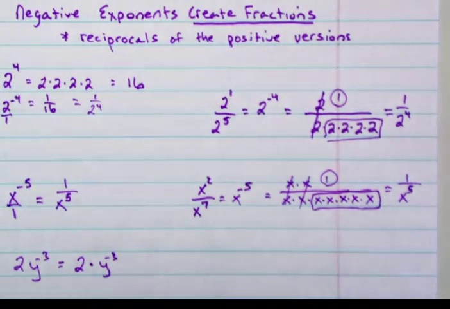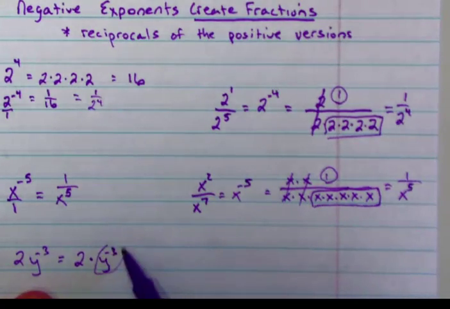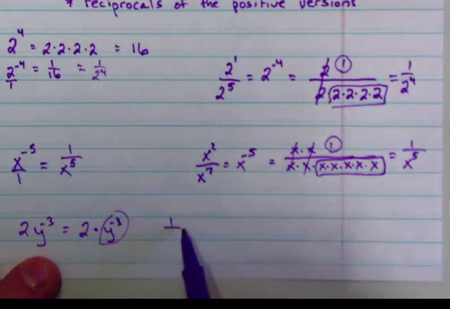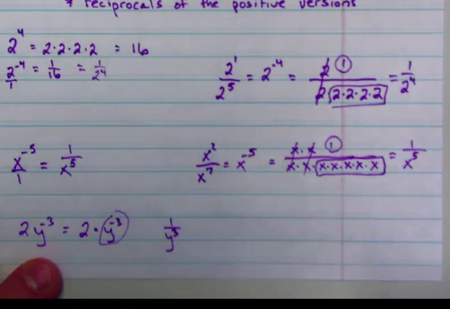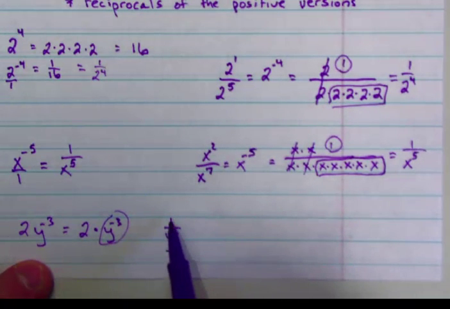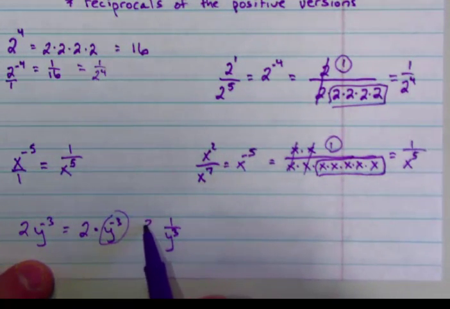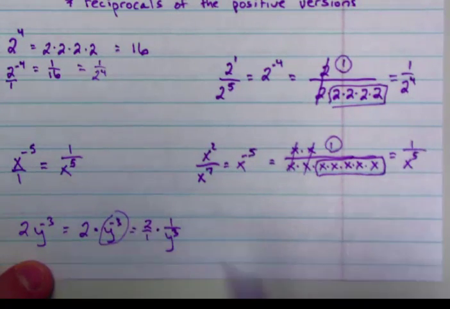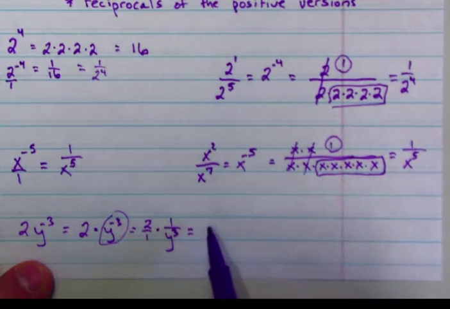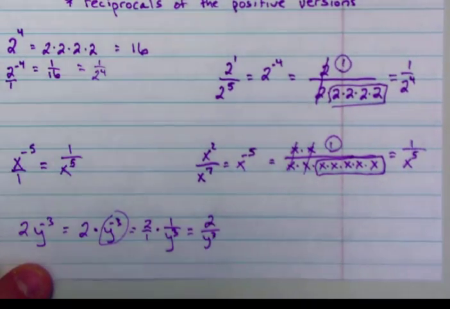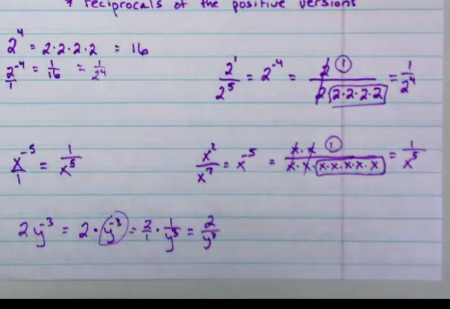Based on the examples that we've done, y to the negative 3rd becomes 1 over y to the positive 3rd. The 2 stays just like it was, except since this is a fraction, I'm going to make the 2 a fraction as well, 2 over 1. And now to simplify it, I just multiply across. So I have 2 over y to the 3rd power as my final answer.